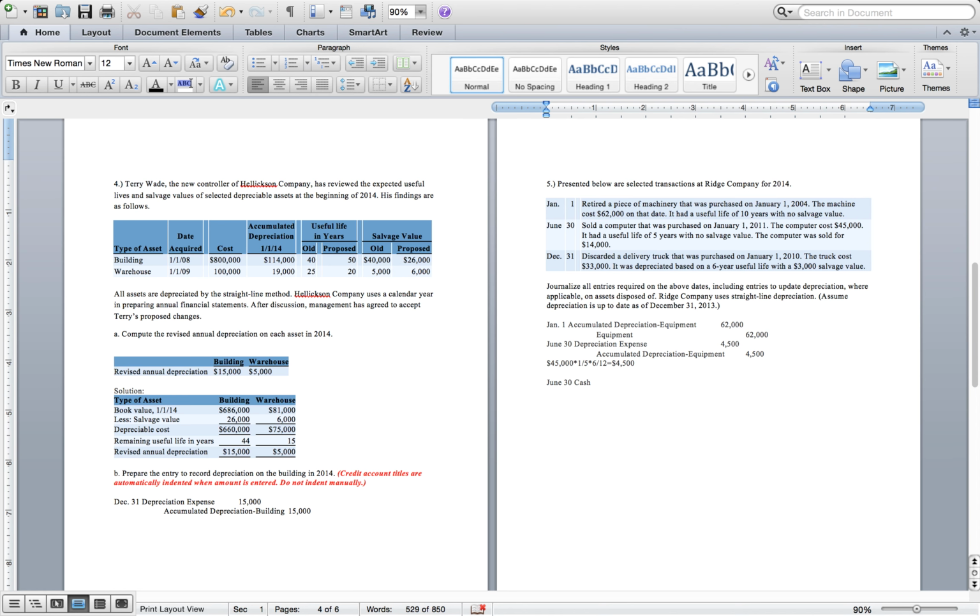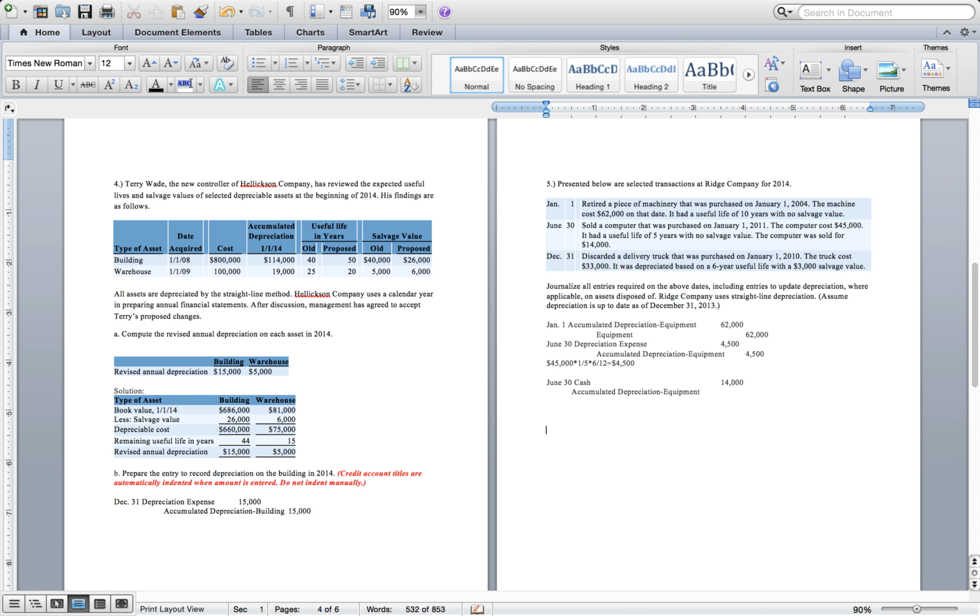So I'm going to debit cash for $14,000. Now you want to debit how much accumulated depreciation you have on that so far. So we're going to debit accumulated depreciation. Remember, we're not trying to increase it now, we're trying to decrease it, and we decrease it with the debit.